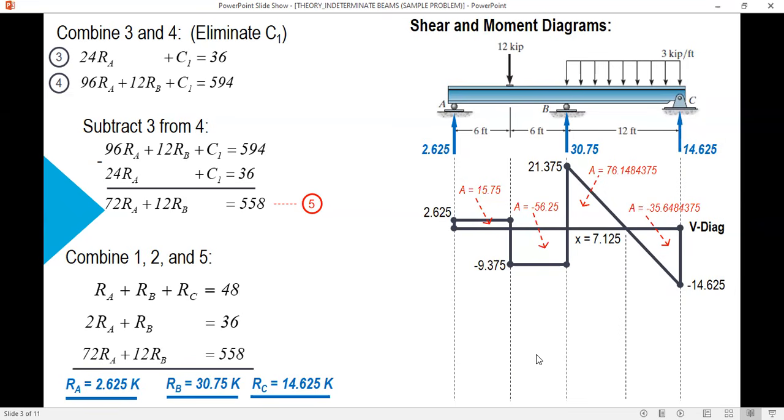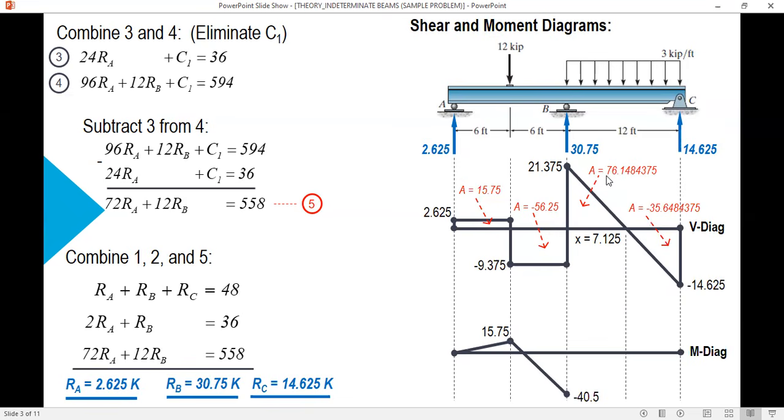Okay, so after this, you may now draw the moment diagram. So upward positive straight line, 15.75. And the next is this one, straight line also. 15.75 minus 56.25. The result is negative 40.5.